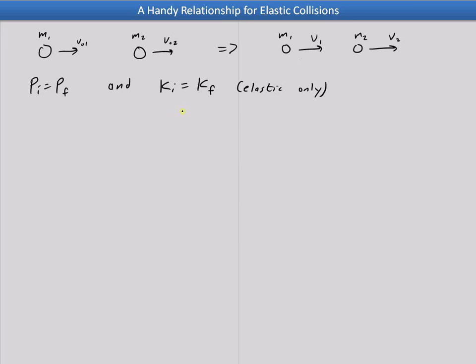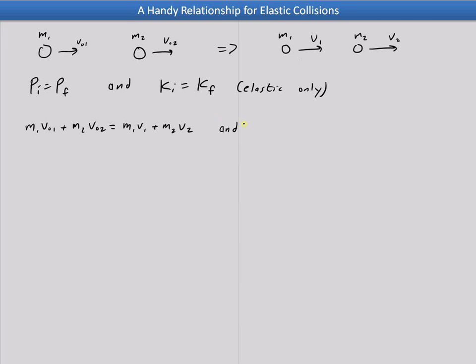Alright, so the way I would do it is I would write down both equations to start out with. That's sort of an inevitable first step. So conservation of momentum tells us that m1 times v initial 1 plus m2 times v initial 2 is equal to m1 v1 plus m2 v2.